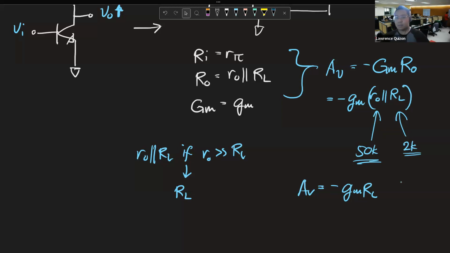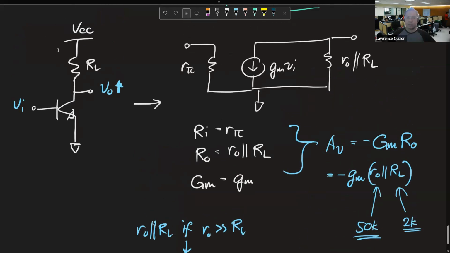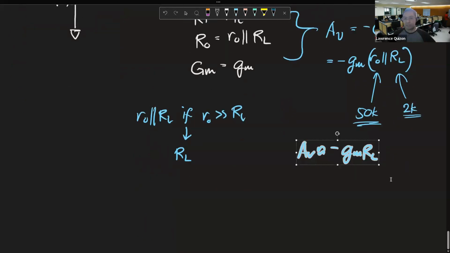Try it on your calculator, if it's not already a fact to you, convince yourself of it. With two resistors in parallel, the smaller one wins if it's much smaller. So it turns into RL. So the gain for the resistor loaded common source circuit becomes GM RL. All right?